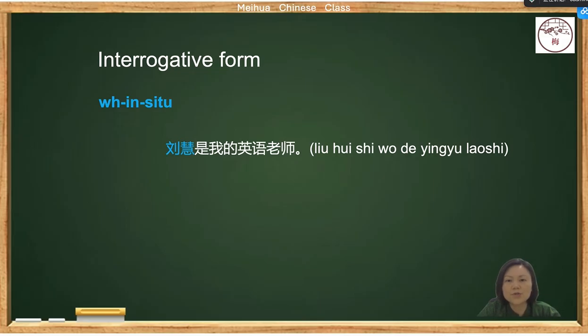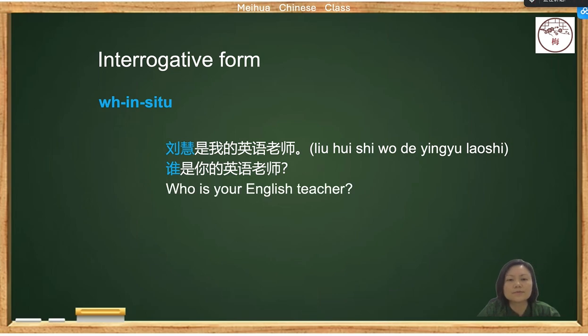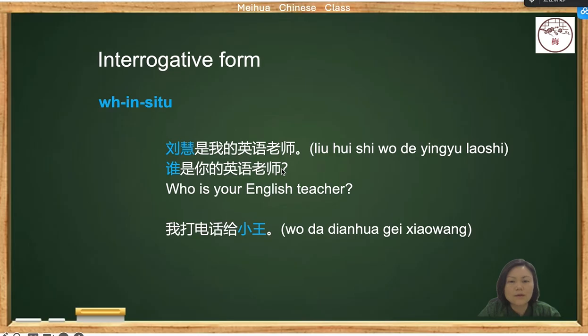In English, we should say, who is my English teacher, or who is your English teacher, right? In Chinese, we just replace the subject in a declarative sentence with its corresponding interactive pronoun, which is who. 谁是你的英语老师? Okay, this is kind of same as in English, the sentence structure.